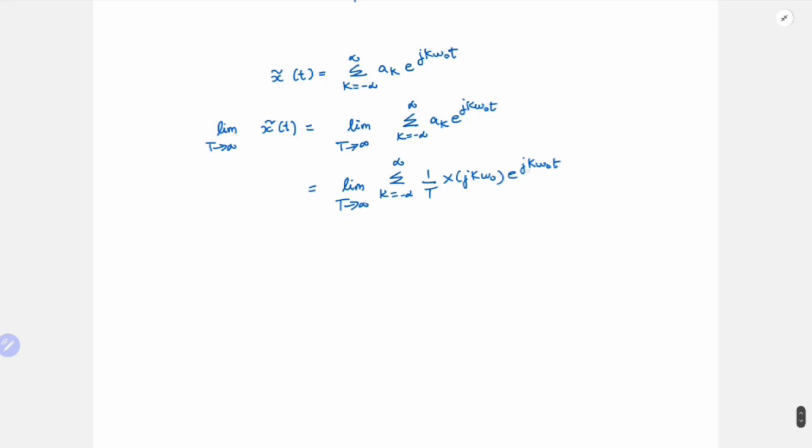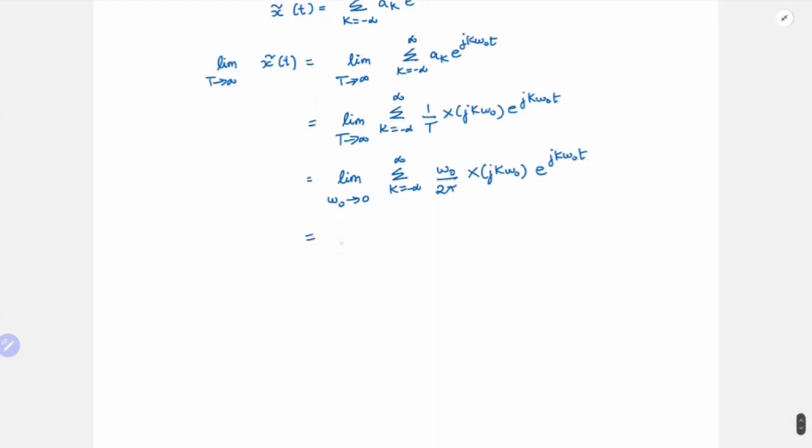Since these terms are in terms of omega naught, I'll write T also in terms of omega naught, and then I can replace the limit with omega naught tending to 0, right? 1 by T will become omega naught by 2 pi, because T is 2 pi by omega naught, right? x of jk omega naught e power jk omega naught t.